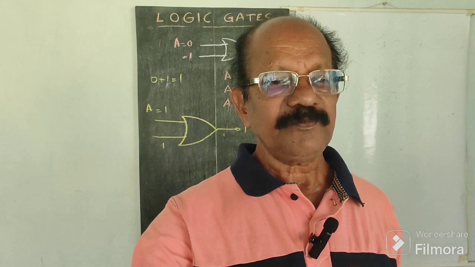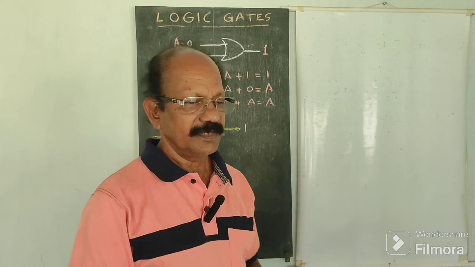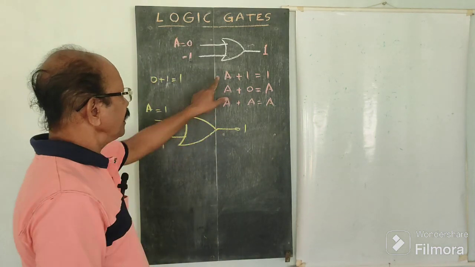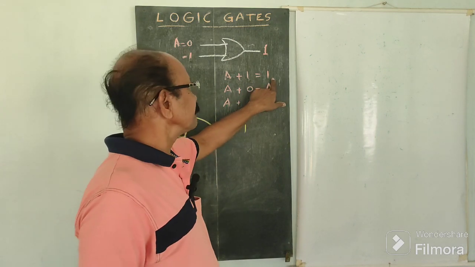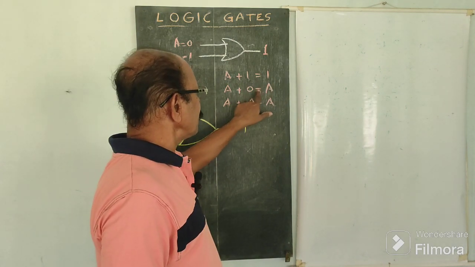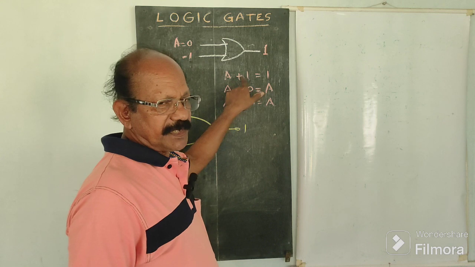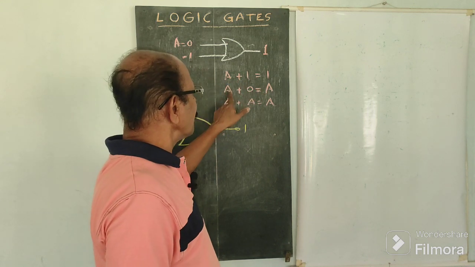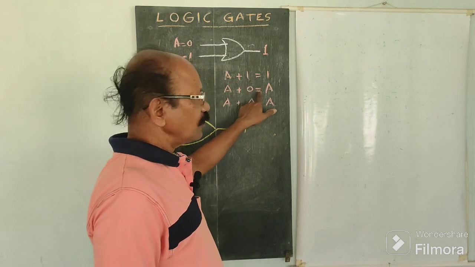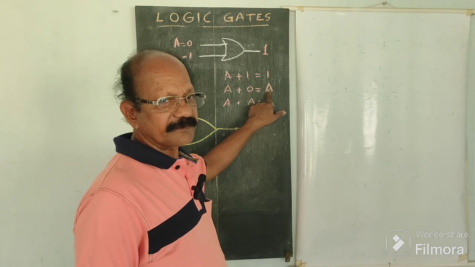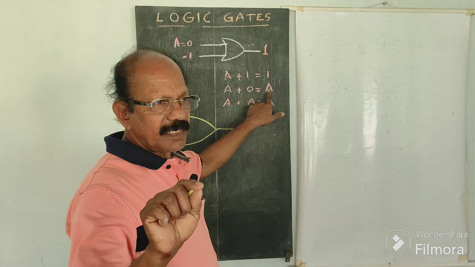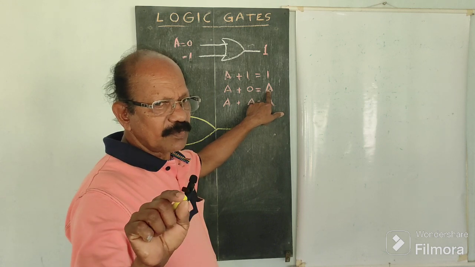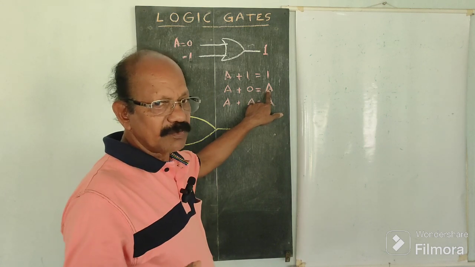Next, A plus 1 is equal to 1. A or 0 is equal to A. Here plus means OR, I am using plus, it is always OR. If A is equal to 0, then 0 plus 0 is equal to 0, it must be equal to 0.